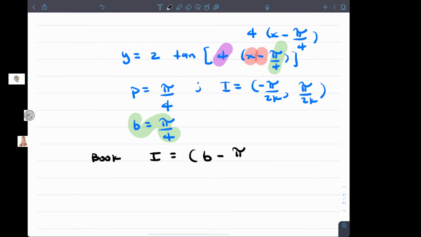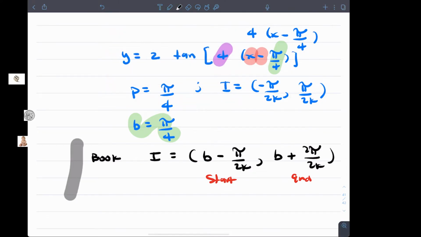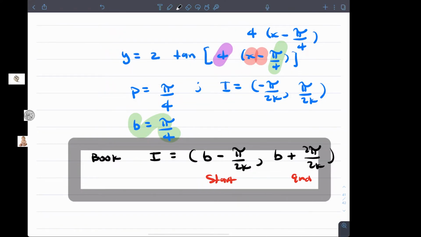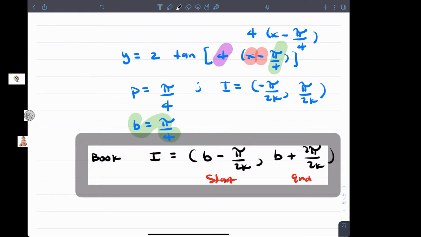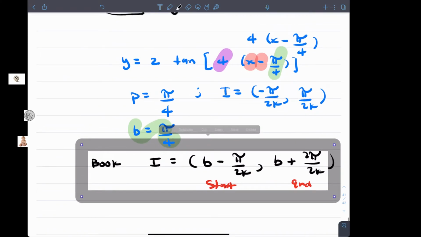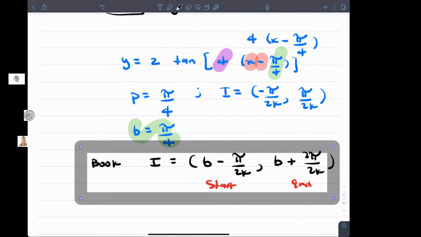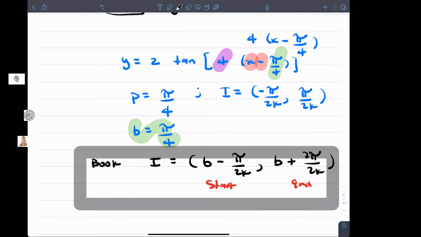B minus pi over 2k, and then B plus pi over 2k. Remember, this is where you start, because we're shifting to the right, and this is where you end. So Mr. Judge is here to save you some grief.